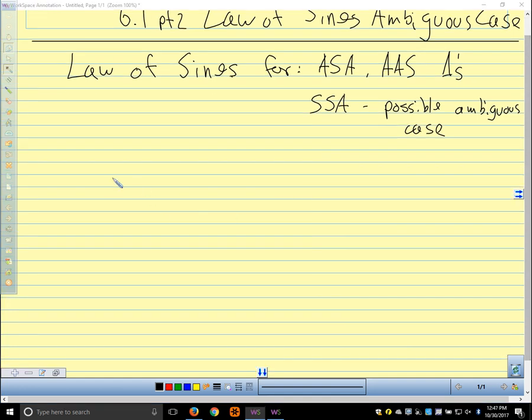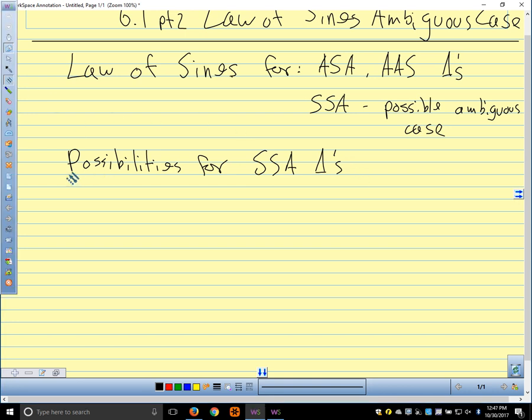All right, so I want to talk about our possibilities for side-side-angle. We have several different things that can happen. For all of these possibilities, the height is the key.